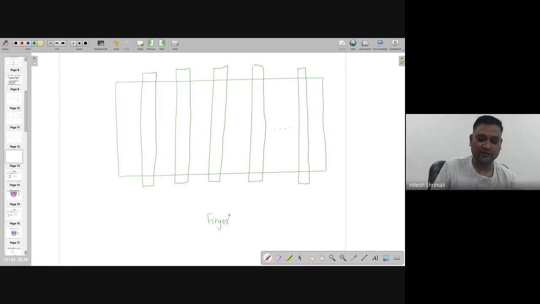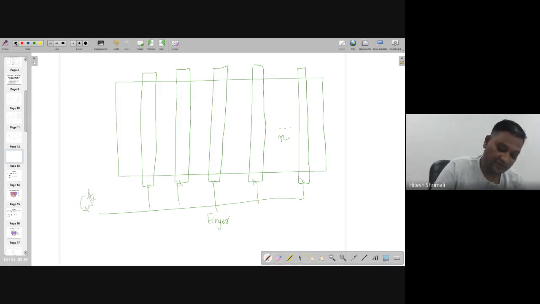So if you have n number of fingers, it means n number of gates are there and all are tied together, making the gate. Notably, if one side is source, the other side is drain, and the drain is actually overlapping from both sides.